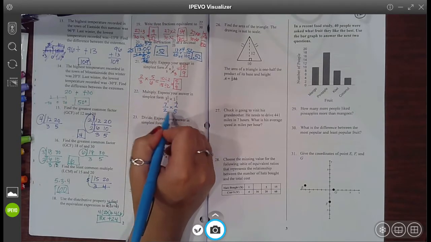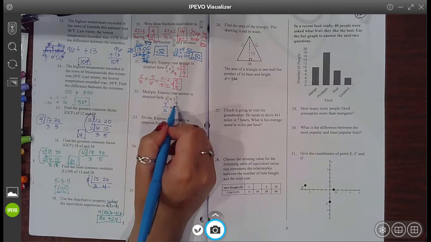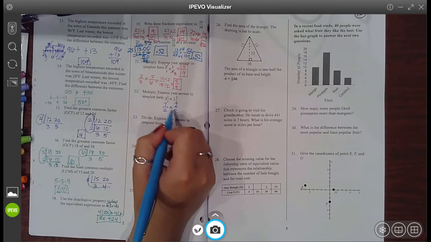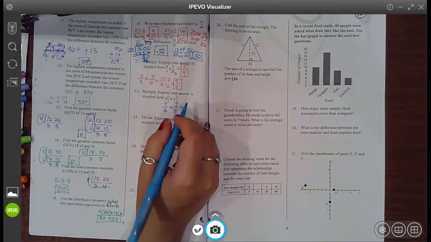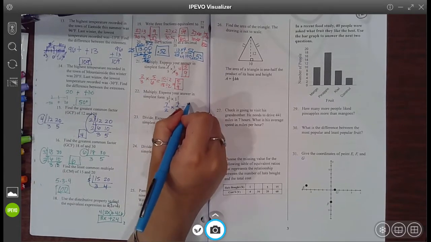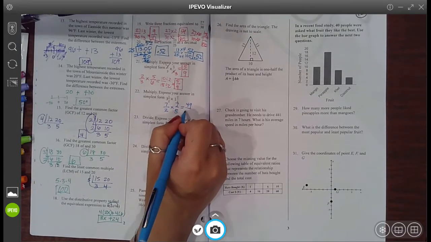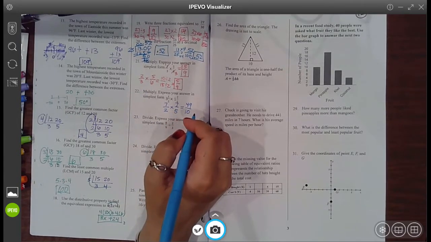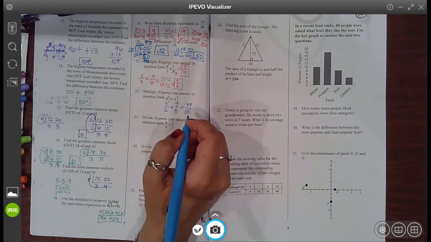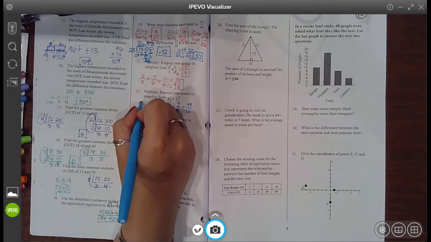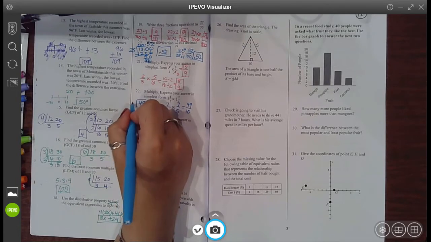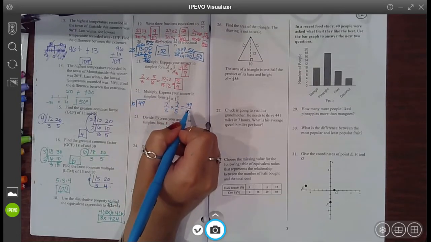Okay, now that we have this, can you cross cancel? No. Can you cross cancel those? No. So multiply across. 7 times 7 is 49. 2 times 5 is 10. Can you leave it like this? No. This is improper. So then we need to change it back to a mixed number by taking the top divided by the bottom.